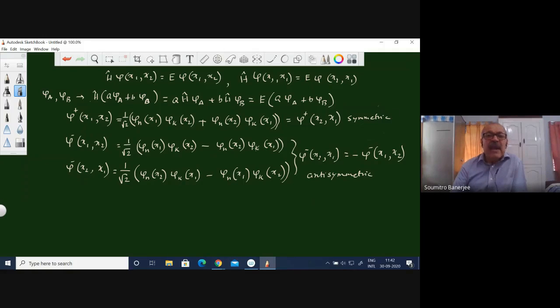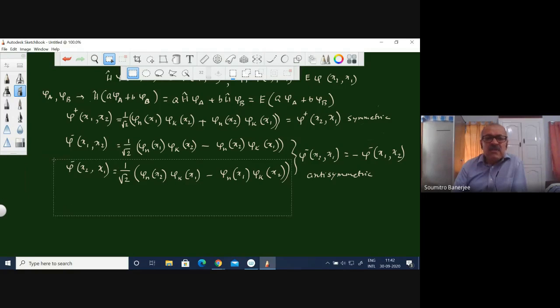So simply by adding and subtracting the two things that were earlier found to be neither symmetric nor antisymmetric, we have been able to construct symmetric and antisymmetric eigenfunctions. Okay, these are the two things. Let me delete this line because this we have already done.